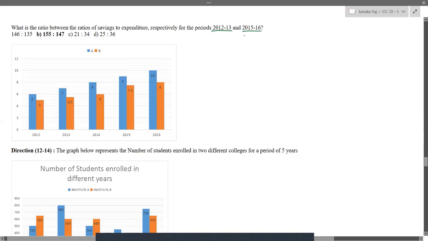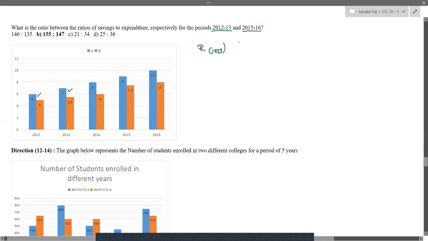We need to first find the ratio of savings to expenditure for the period 2012, 13 and 15, 16. First, let us find out the ratio for 2012 and 2013. What will be the ratio of savings to expenditure? In 2012 savings is 1 lakh. In 2013 savings is 1.5 lakhs.